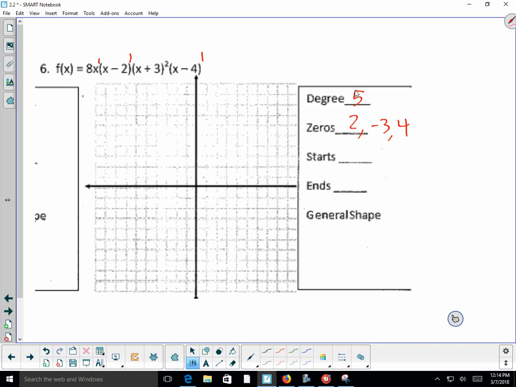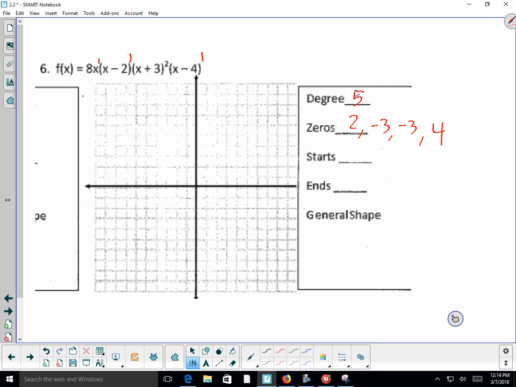They might be repeated, they might be real, they might be imaginary, as we're going to learn as we go through more of chapter 2, but there's going to be 5. Frank, did you just tell me these? Yes. You only gave me 3. I would say -3 twice. -3, all right, so let me add that one in twice. So 2, -3, -3, 4. You're still down by 1.